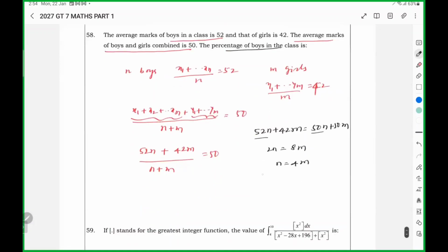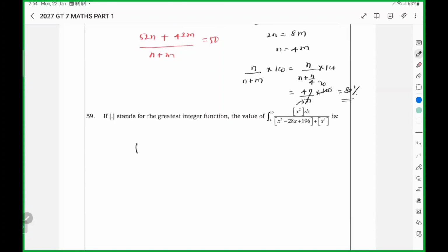Percentage of boys is n by total strength into 100. M here is n by 4, so 4n by 5n into 100. Yes, 80% are boys.